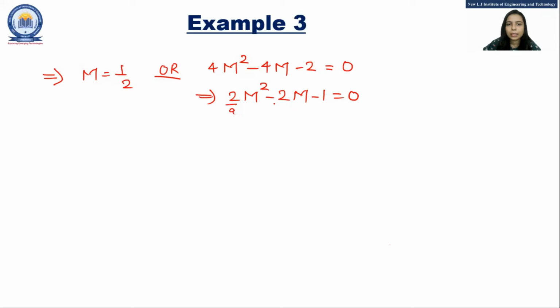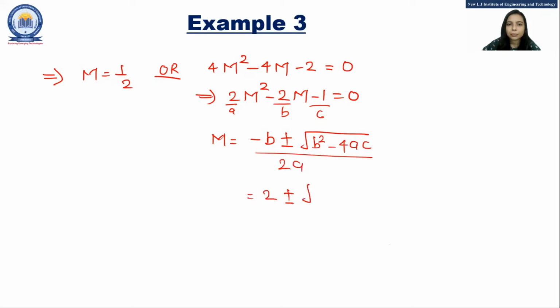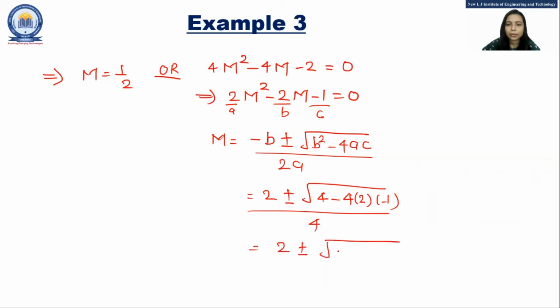So this is A, this is B, and this is C. So the root for m is equal to minus b plus or minus under root of b square minus 4ac upon 2a. So 2 plus or minus under root of 4 minus 4 into 2 into minus 1 upon 4. So 2 plus or minus under root of 4 plus 8 divided by 4.